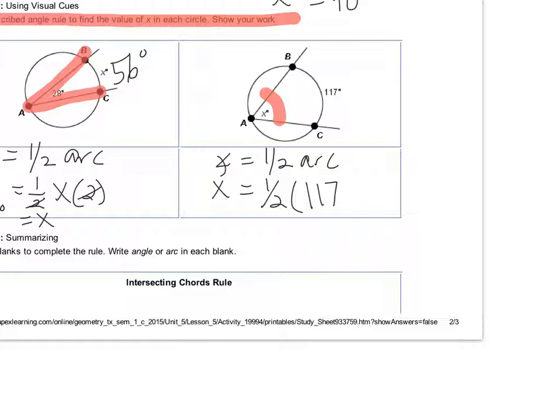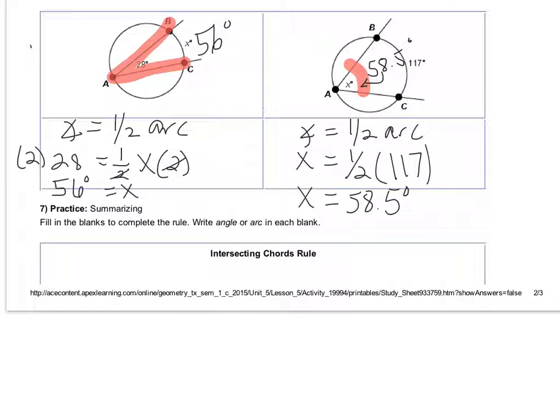Don't put that degree symbol, it might confuse you. Then x is what I get when I divide 117 by 2, which is 58.5 degrees. So that's my answer. 58.5 degrees is the measure for that angle that I didn't know.